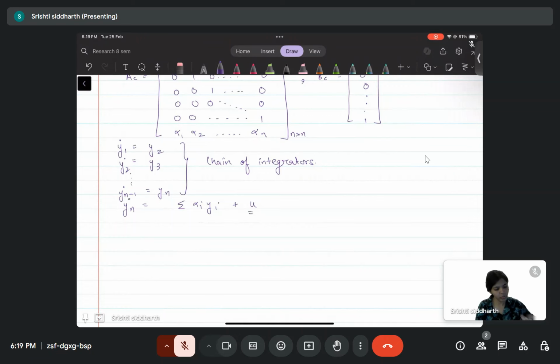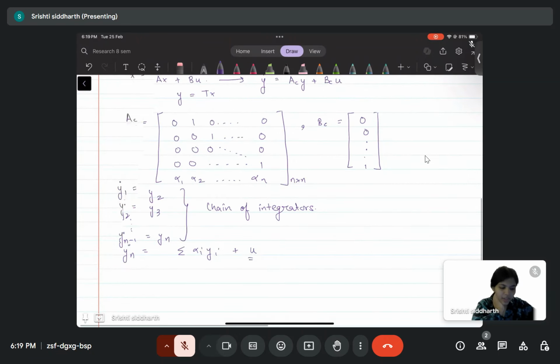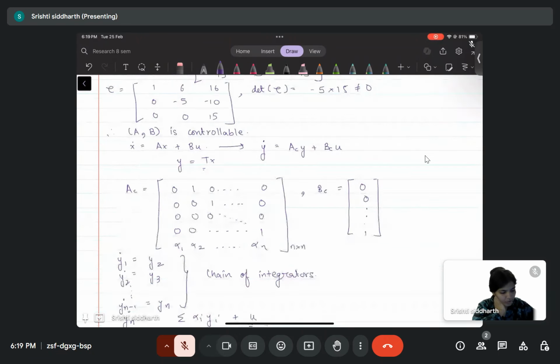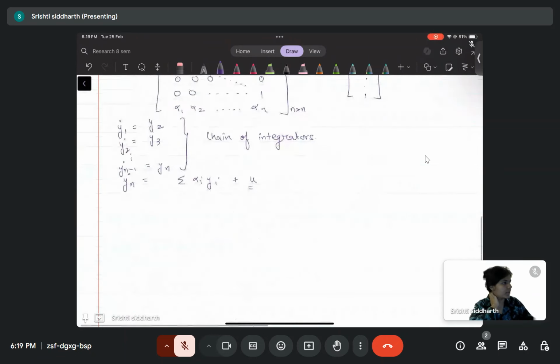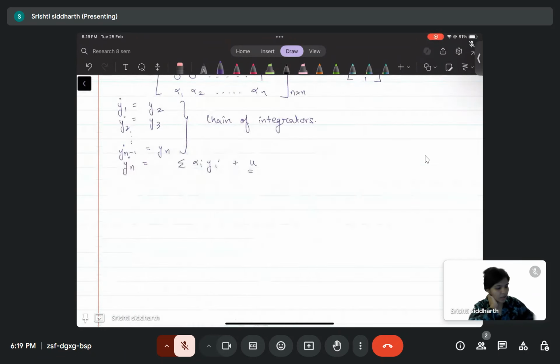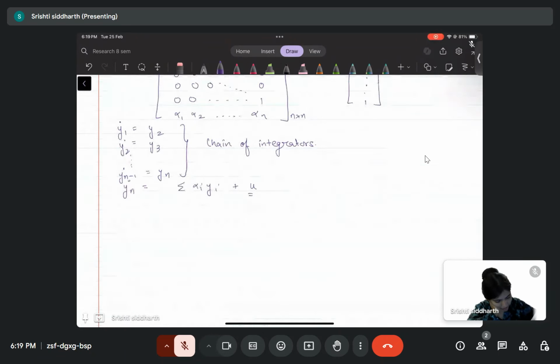So now we want to find a transformation matrix T such that we get the state y. Alright, so there are a few steps. Let's say that the first state is some matrix C times x. So note that C is not the output matrix here.